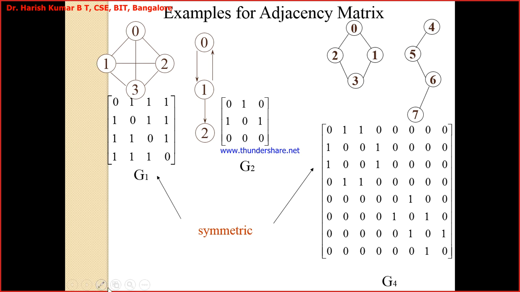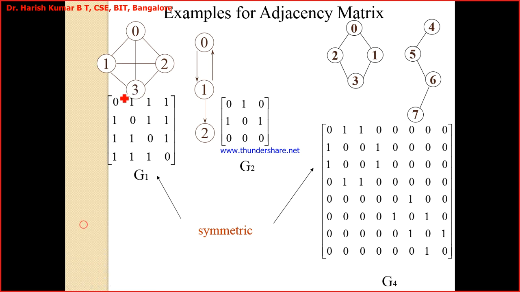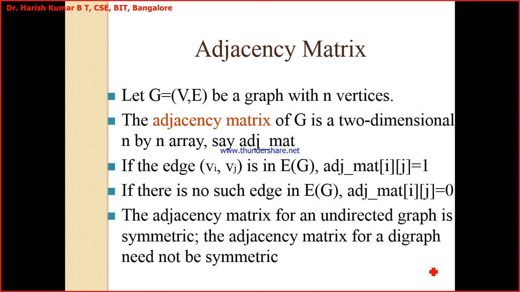Let me write here the row numbers: 0, 1, 2, 3, and here 0 again, 1, 2, 3. Now this is easy. We write this as per this convention: if there exists an edge from the vertex Vi to Vj, we represent it by 1.